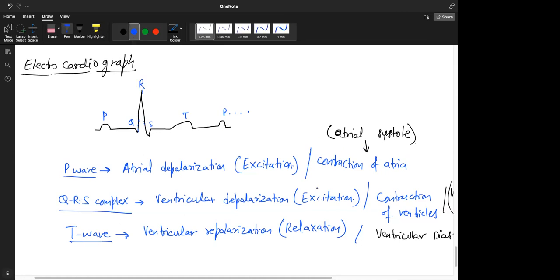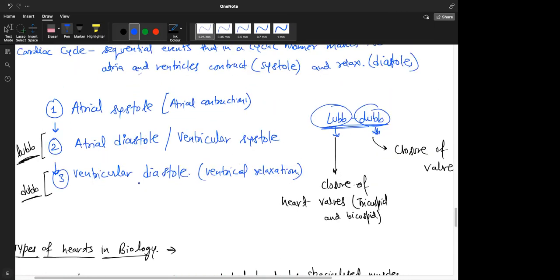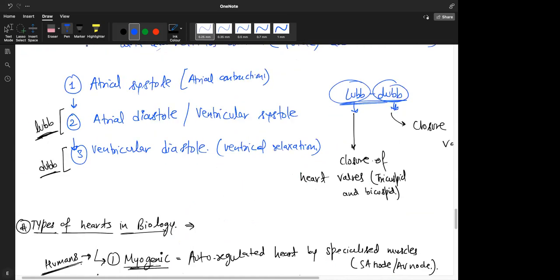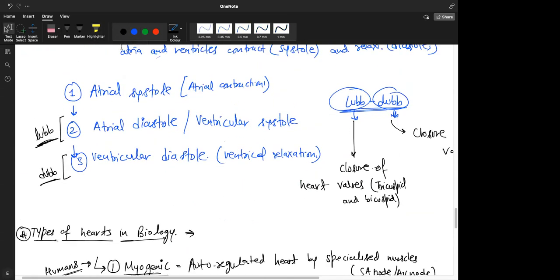Atrial systole is here, but atrial diastole is not there. Now let's go back a little bit. I told you the lub sound physiologically. Now you have to connect all the dots, connect all the knowledge. Lub, when the atrial diastole happens, it happens simultaneously with the ventricular systole.